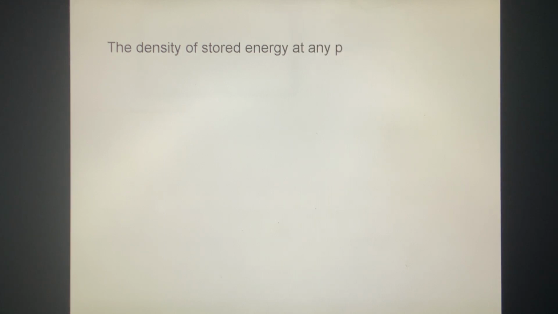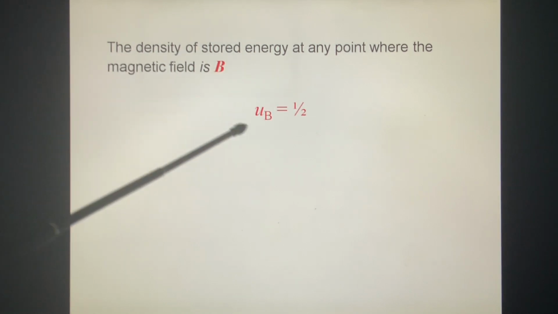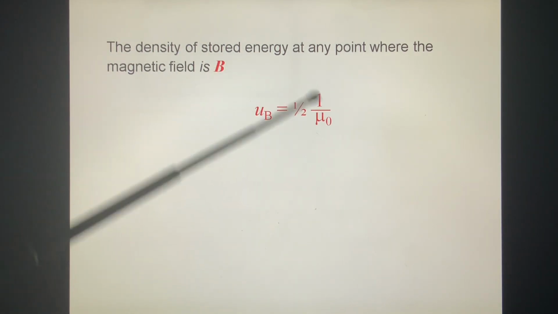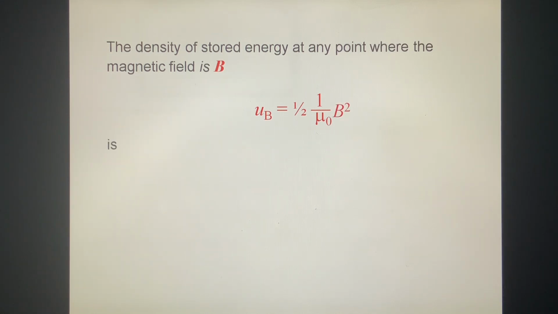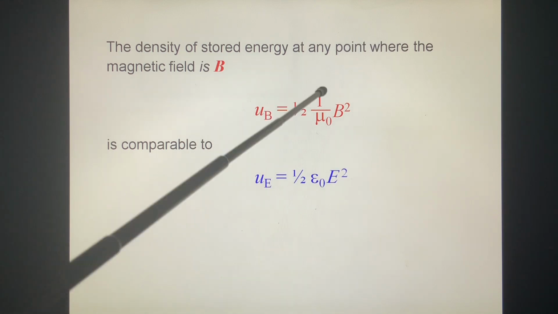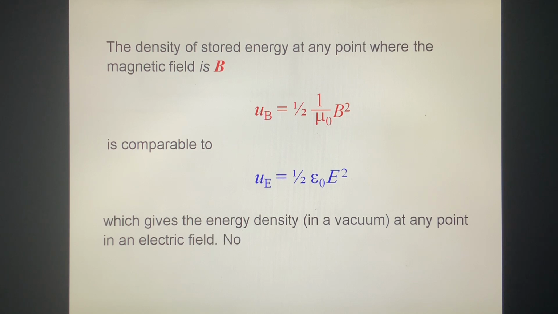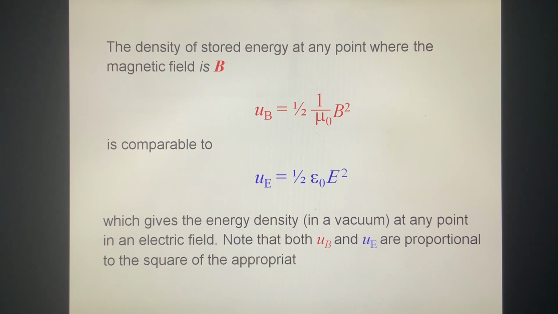The density of stored energy at any point where the magnetic field is B, U_B equals half 1 over mu 0 times B squared, is comparable to U_E equals half epsilon 0 E squared, very similar, which gives the energy density in a vacuum at any point in the electric field. Note that both U_B and U_E are proportional to the square of the appropriate field quantity, B and E. And we will prove it, okay? They are equal.